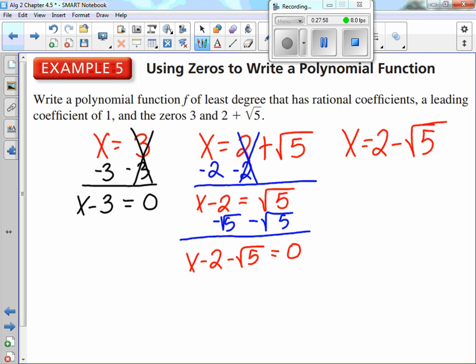Okay, we'll do it with this one also. So I'm going to minus 2 first. Kind of like what we did here, because we'll minus 2. But to give me x minus 2 equals, well, negative square root of 5.